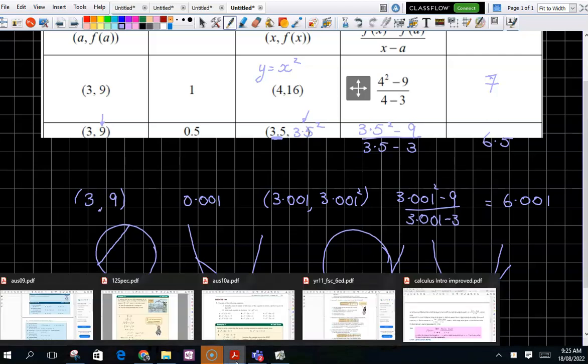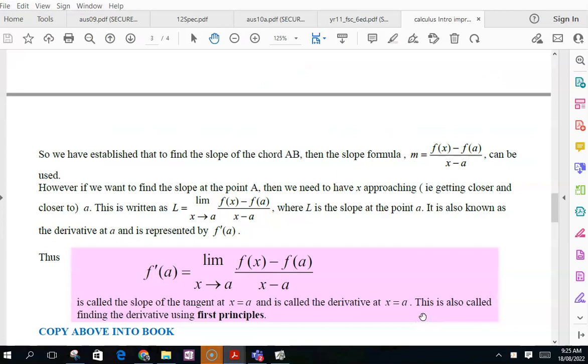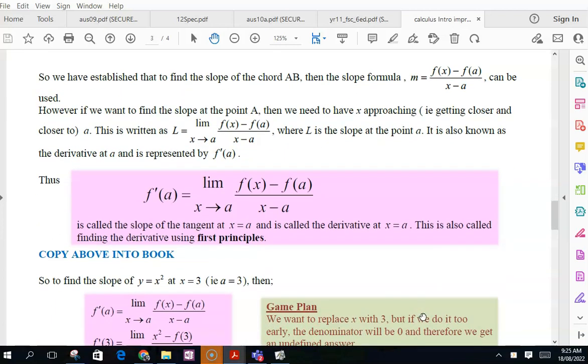So, back to it, we're happy that this is the slope from one point to the other. It's just saying y take the other y at a certain value of x, and so on and so forth. So now what we're going to do is move this value of a that we had, instead of being 1 unit away, we're going to get closer and closer and closer.